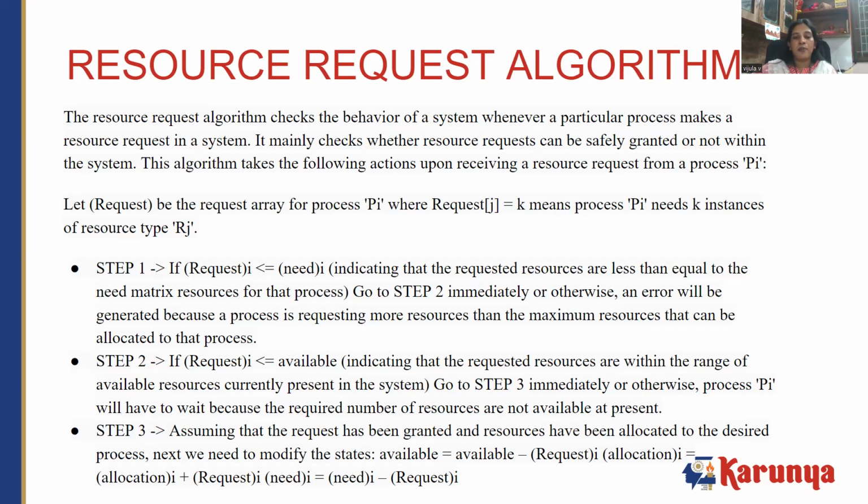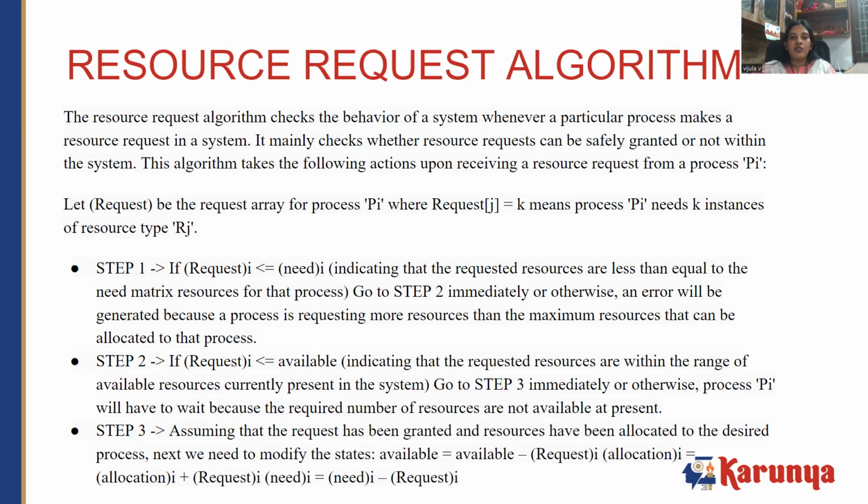For step 2, the request should be within the range of available resources currently present in the system. Otherwise, the process will have to wait, because the required resources are not available at present.